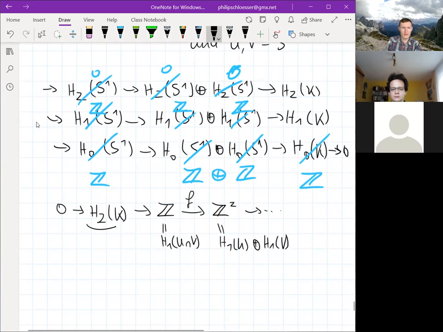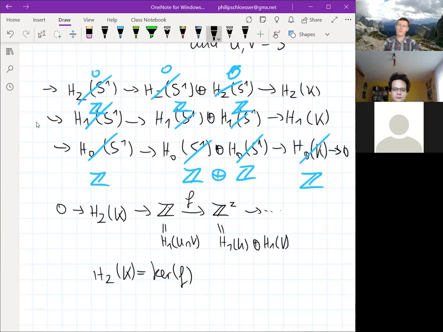Now this map here is injective, so we can see H1K as a subset of Z. And then this thing is exact. So we have H2K is the kernel of F.